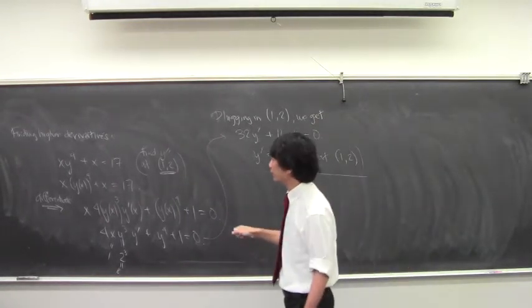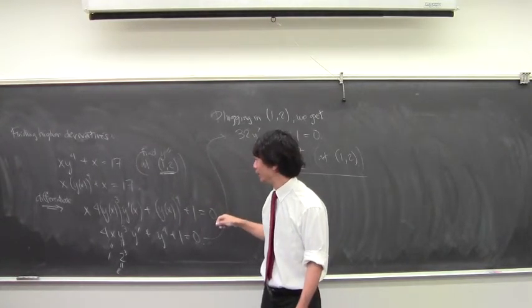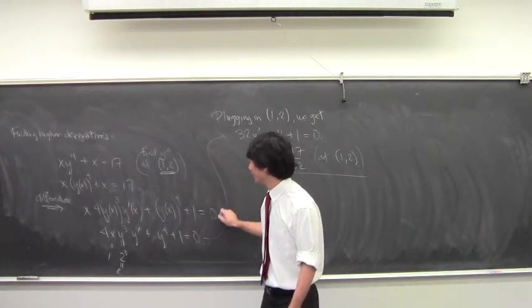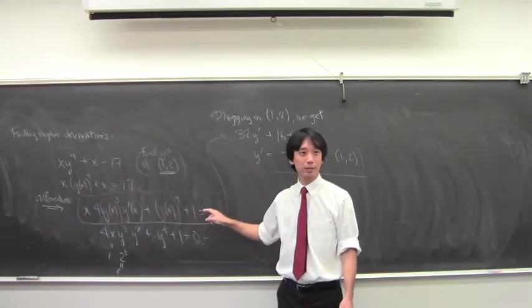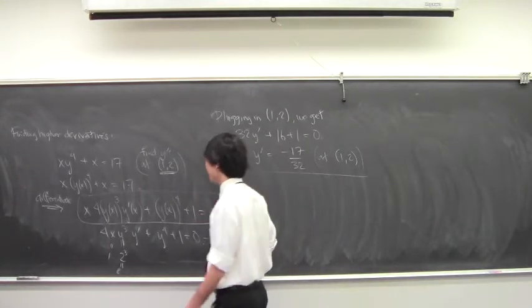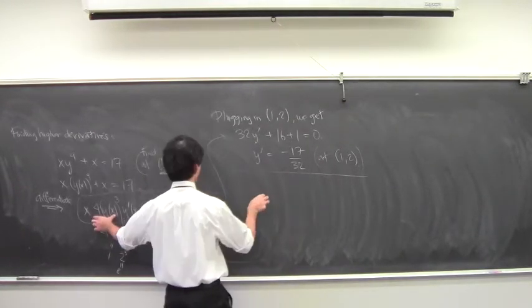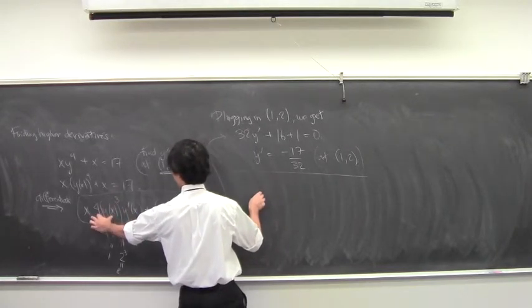Okay, but the question was to find y double prime, right? So how do we find y double prime? Well, we're going to have to take this thing and differentiate this to get some statement about y double prime. Okay. So let's do it, right? This is the first guy.